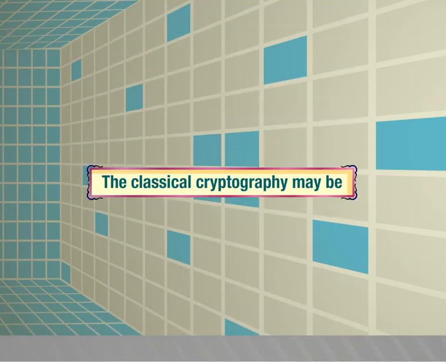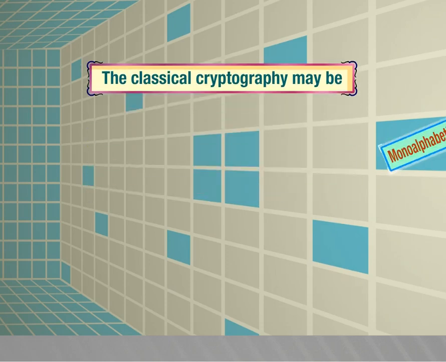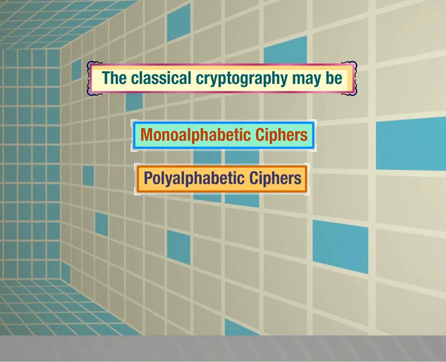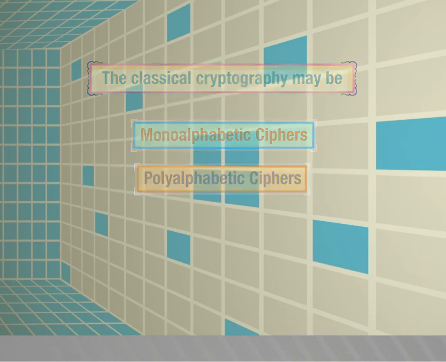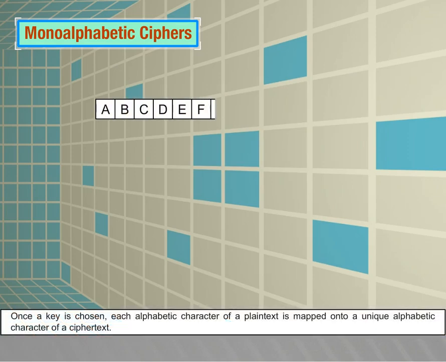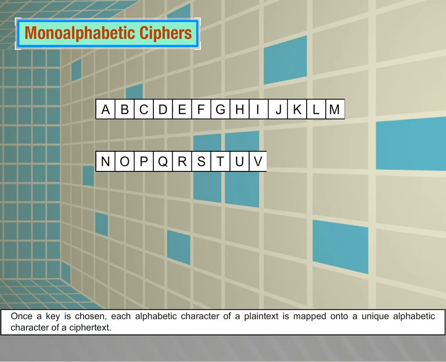The classical cryptography may be monoalphabetic ciphers or polyalphabetic ciphers. Monoalphabetic ciphers: once the key is chosen, each alphabetic character of a plain text is mapped onto a unique alphabetic character of a ciphertext.